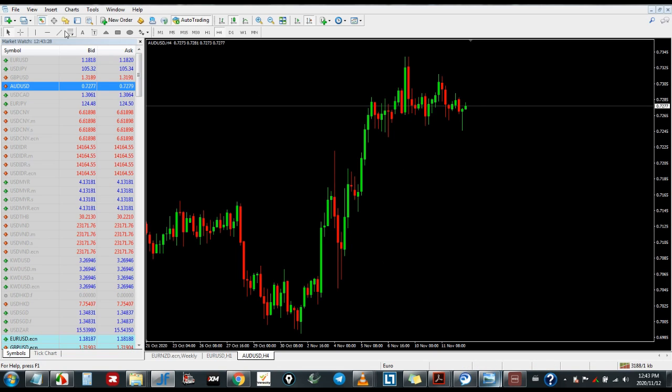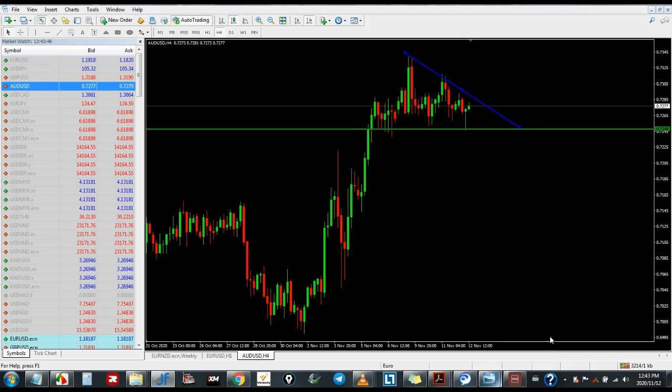You see, AUDUSD, I can already see a tight consolidation. So in other words, the only thing I can see here is that this pair is in an upward momentum.